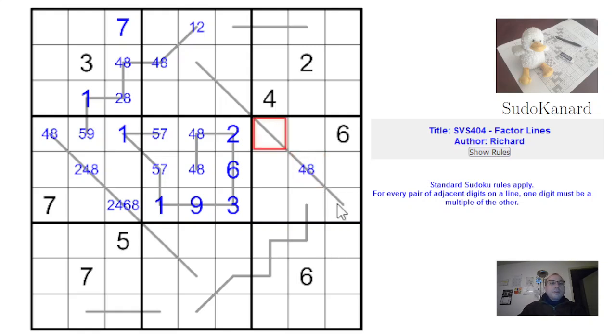And this could work with 2 here. Oh, we must appreciate the fact that those digits here are from 3, 5, 7, 9. None of those would work with 4 or 8.